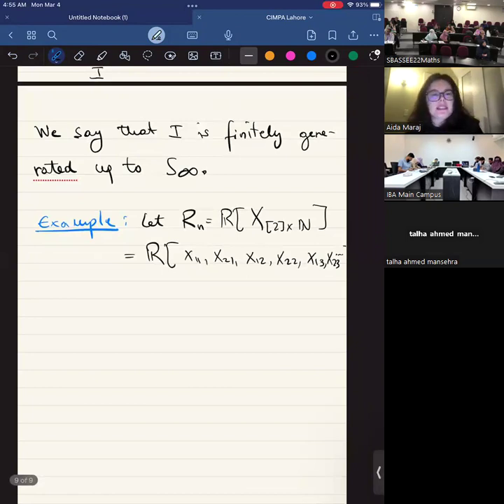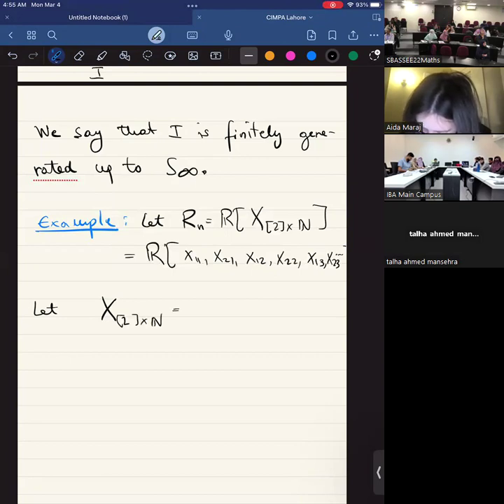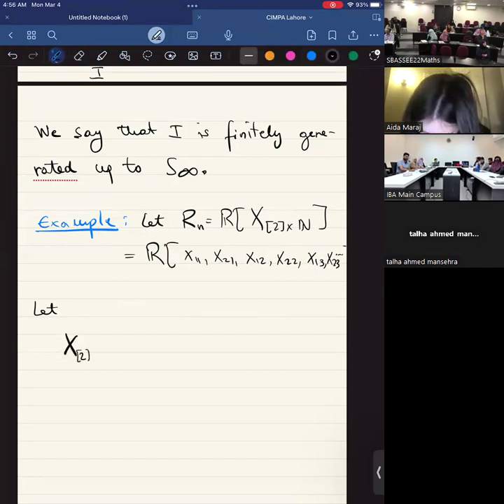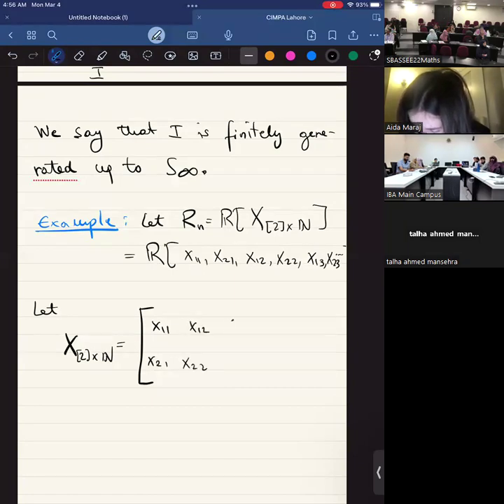For simplicity, let x2 times n be the matrix of variables x11, x21, x12, x22, x13, x23, and so on.